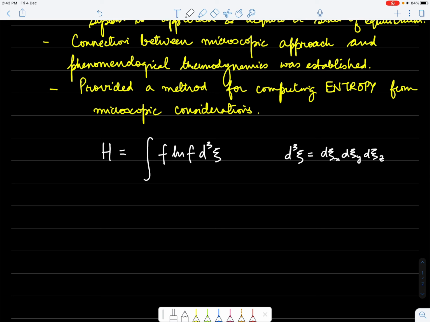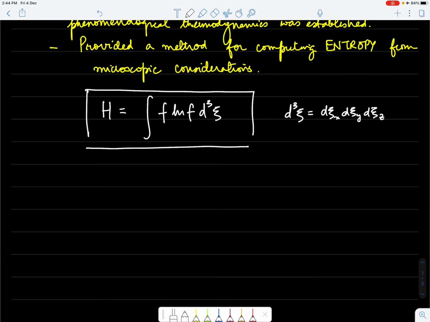Now this is the function which is in terms of the microscopic distribution, or the probability distribution function. So to derive the key property of H, we first look at the evolution equation for our distribution function f.